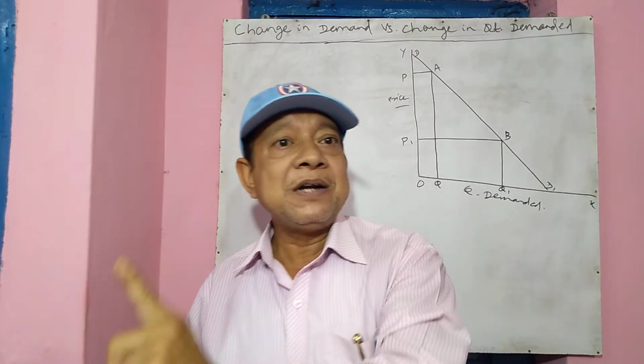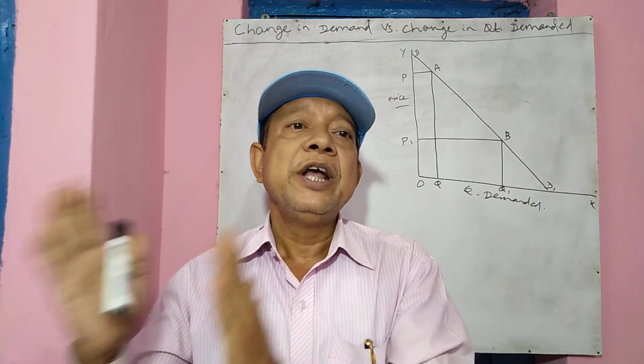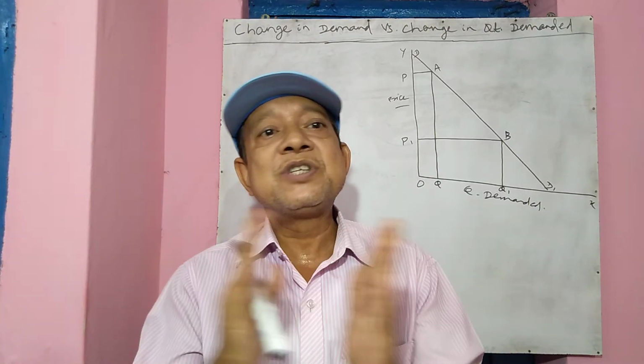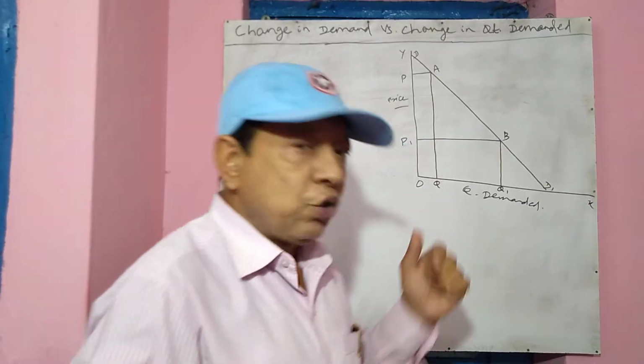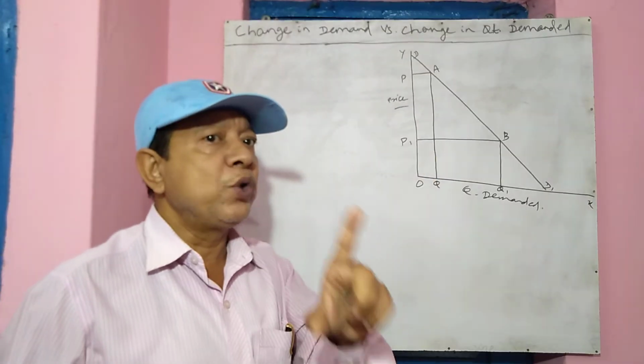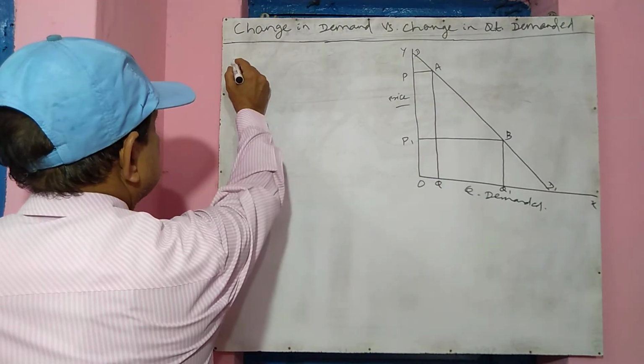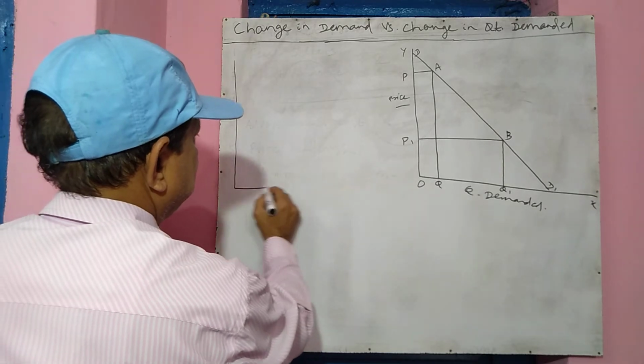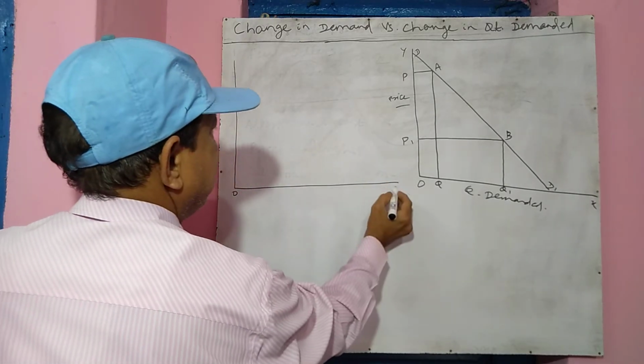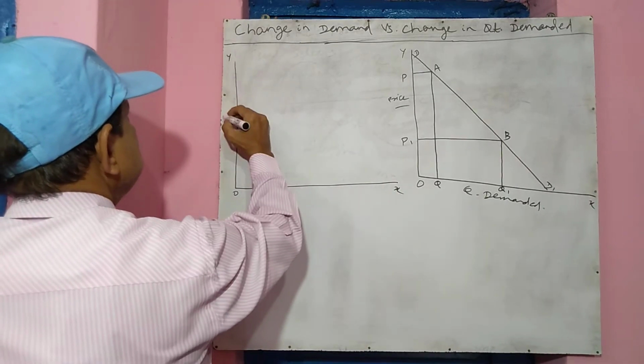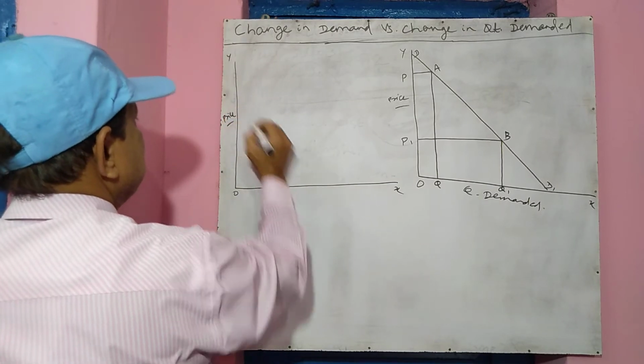Here if demand expands, the demand curve shifts to the right. If demand contracts, the demand curve shifts to the left. So all changes of demand we don't show in one demand curve. Look at this diagram. This is price, we know this. This is demand.